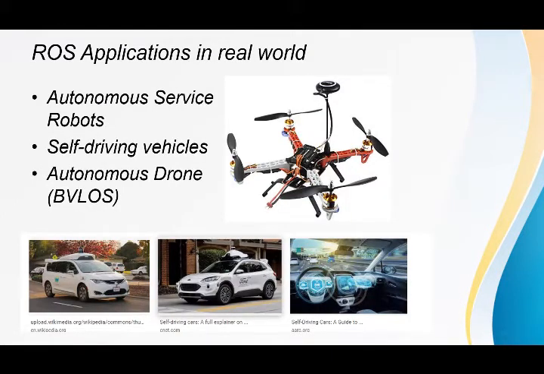ROS applications in the real world. In recent years, ROS has been used for making self-driving vehicles like delivery vehicles, and some ROS programs can also be used for drones in water and in air. Companies like Zoox and Waymo use inertial measurement units and devices such as LiDAR, radar, and sonar.